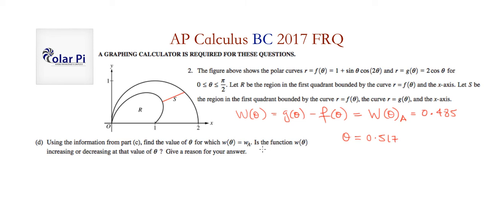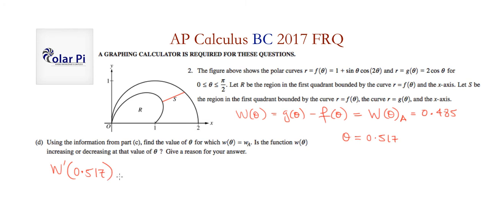And now what? It's asking, is the function w of theta, the difference between g and f, increasing or decreasing at this theta value? Give a reason for your answer. Well, clearly our answer is going to depend on the value of w prime of 0.517.